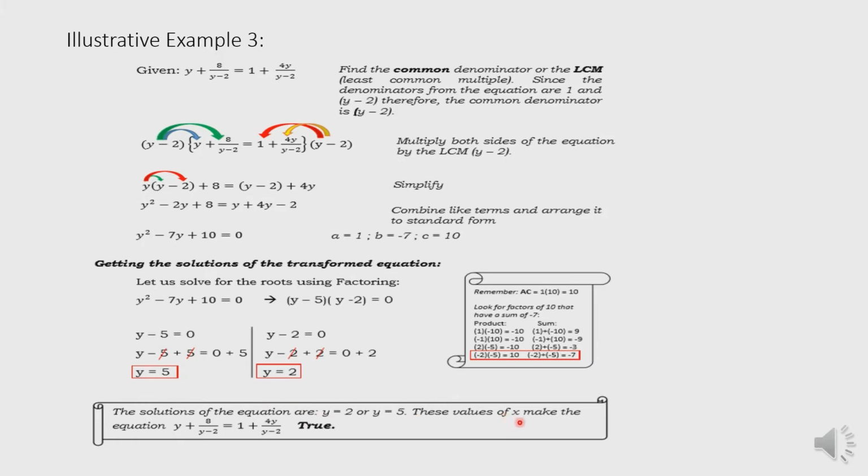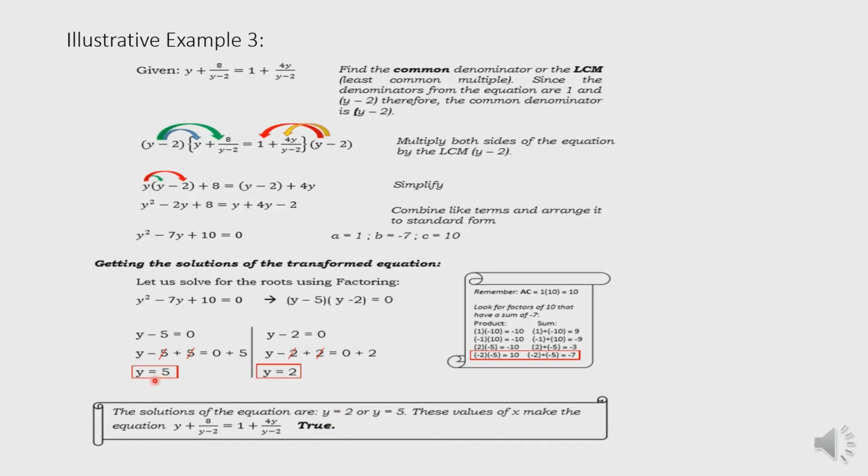These values of y make the equation true, or do they? How do you know if one of the solutions of this equation is true or an extraneous solution? Of course, by checking.